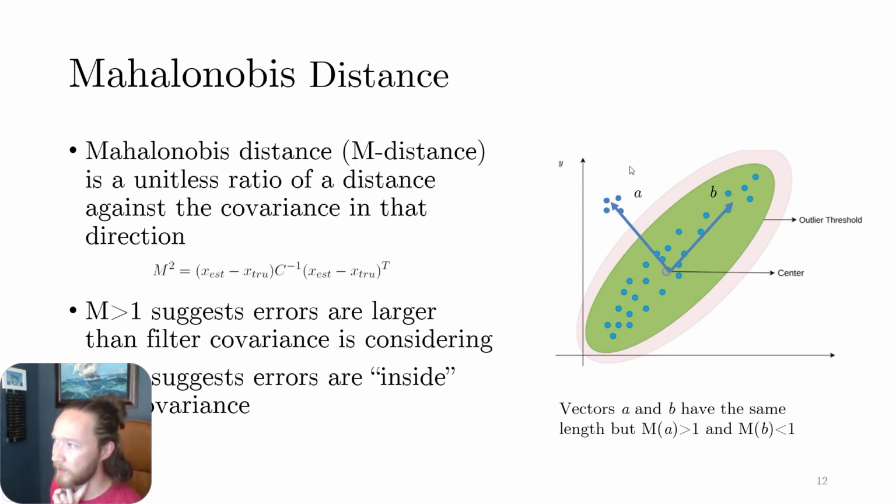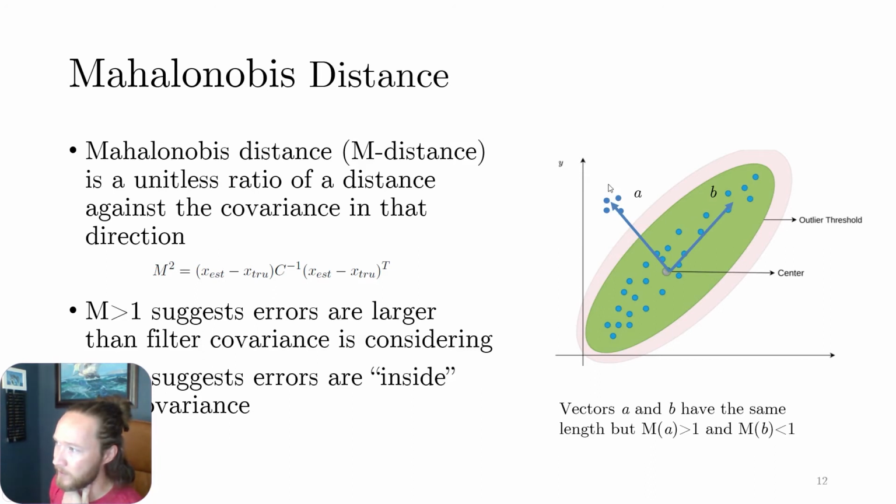As an example here, we have a set of solutions that create a covariance by their population. And we have 2 error vectors, A and B, that point at 2 groups of solutions. While A and B's magnitude is the same in space, the Mahalanobis number of these solutions would be greater than 1, as they are outside this covariance, and these would be less than 1.